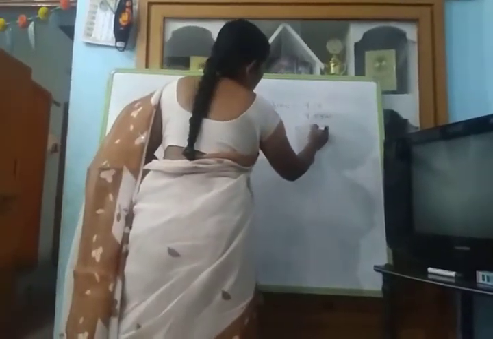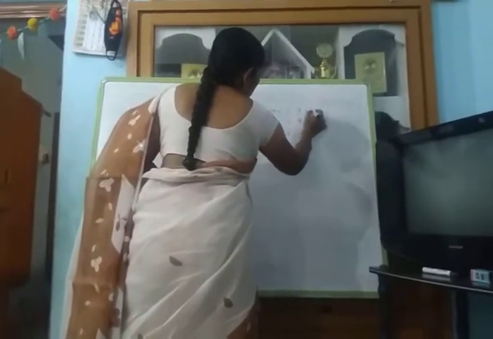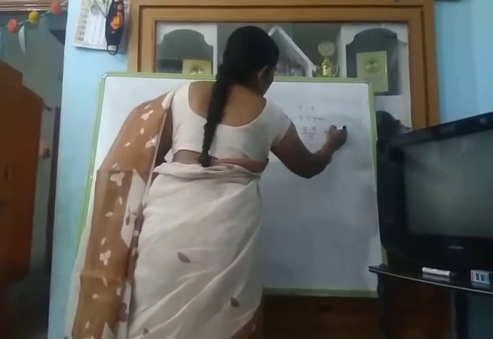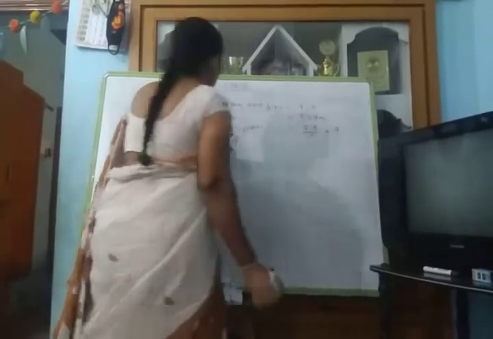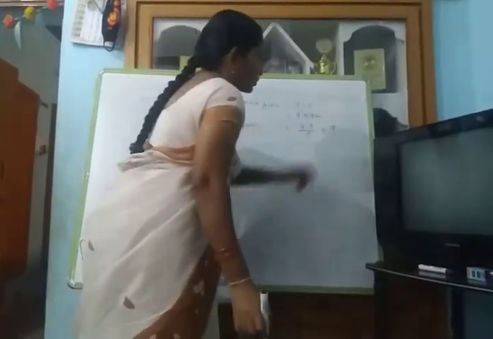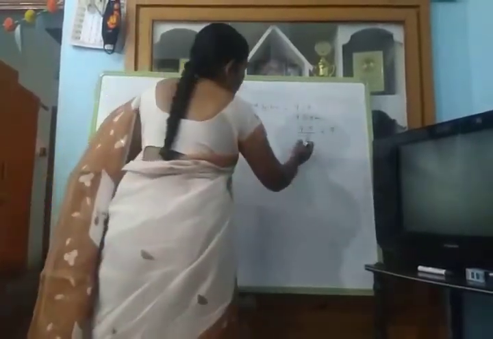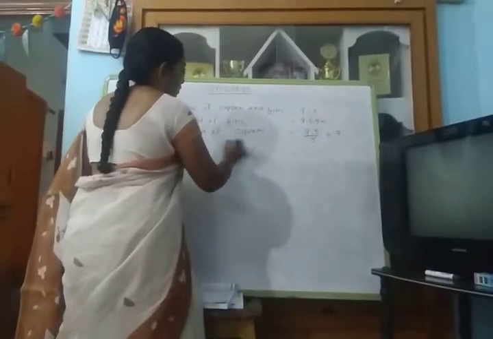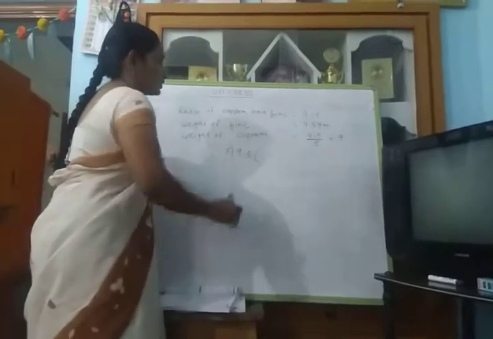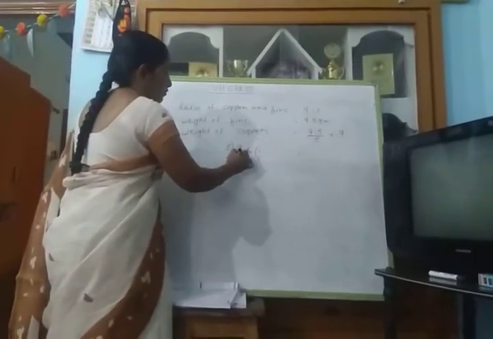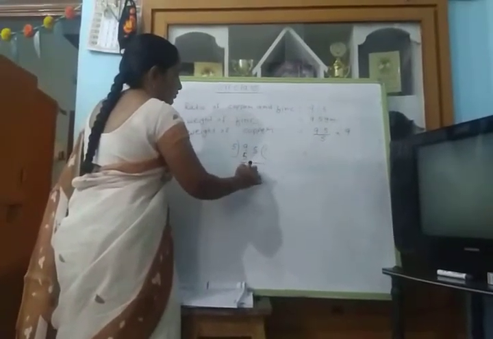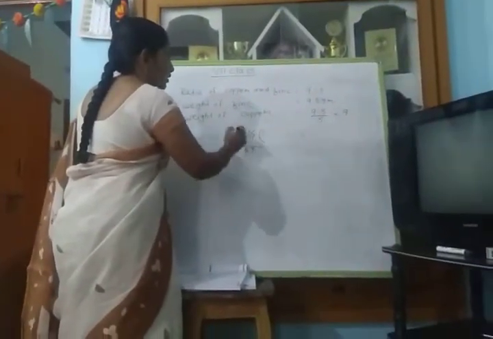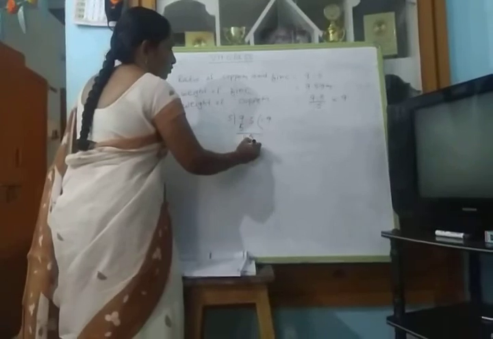So then what we have to do? Weight of zinc divided by the zinc term in the ratio, multiplied by the copper term, we have to find copper. So with 9.5, if you divide by 5, what will you get? 5 ones are 5, 9 minus 5 is 4, place the decimal point there and carry; 5 nines are 45.